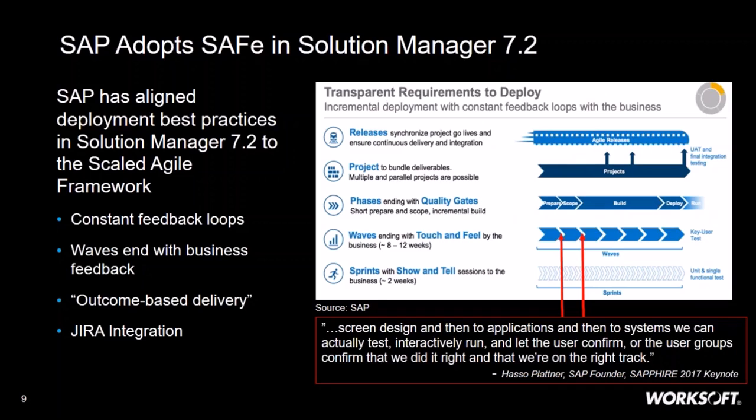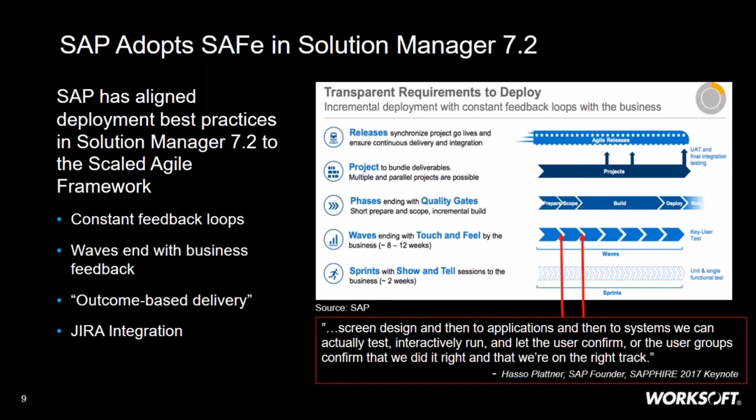In Solution Manager 7.2, it's built around the concept of sprints where you're doing show and tell with the business, and then the waves where they actually are able to touch the application. So you're able to iterate and release that functionality to the users for hands-on, but still within the context of a build phase and within a project, all ultimately rolling up into the releases in the release train.